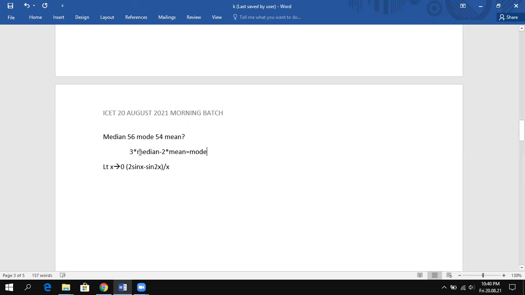So this is the relation between mean, median, and mode. If median and mode are given, we are supposed to find the mean.